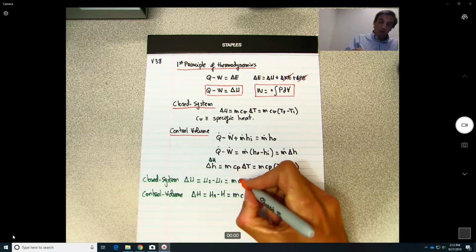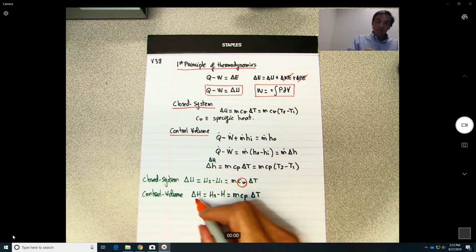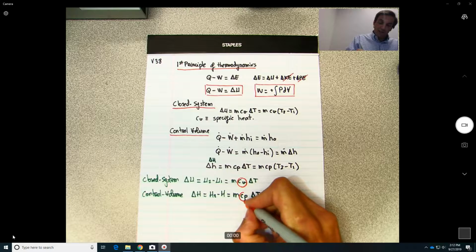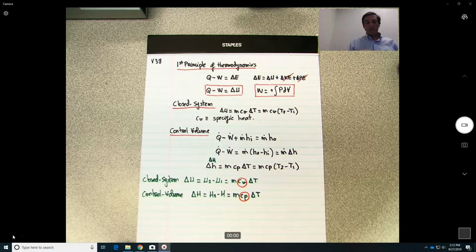Internal energy will always be related to C sub V. The change in enthalpy will always be related to C sub P.